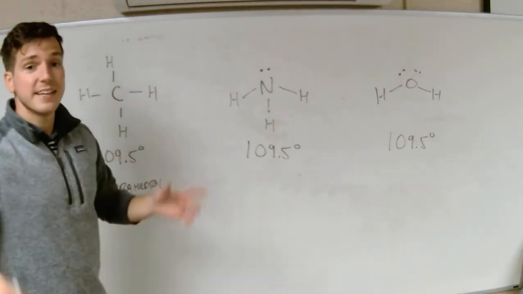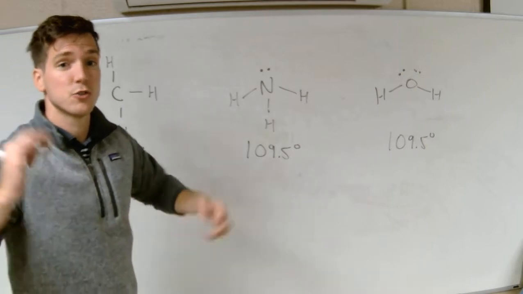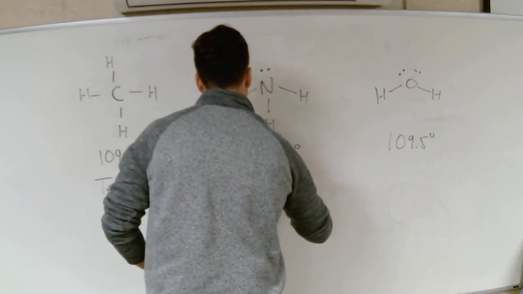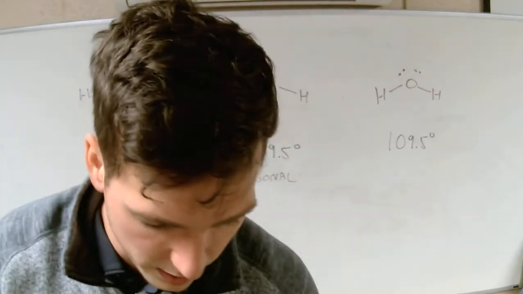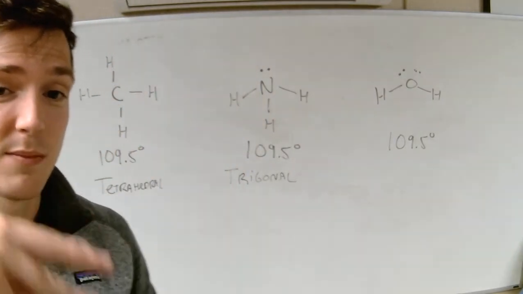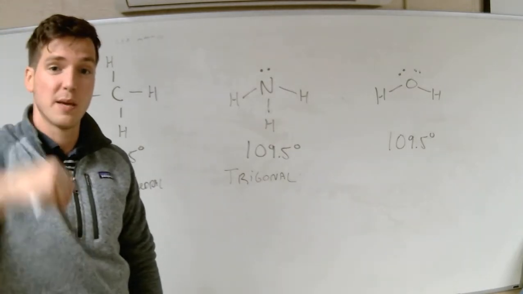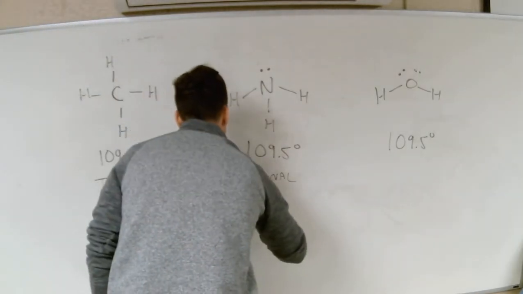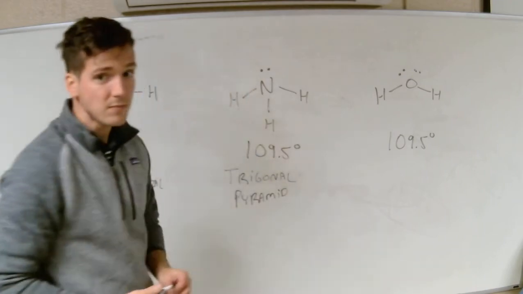This one has 4 domains, but it's only got 3 atoms, so this makes it trigonal, but it's no longer on a plane. It's no longer on a plane because that lone pair pushed those atoms down. It pushes those 3 atoms downward into a nice pyramid shape, so they call this trigonal pyramid. How nice is that?